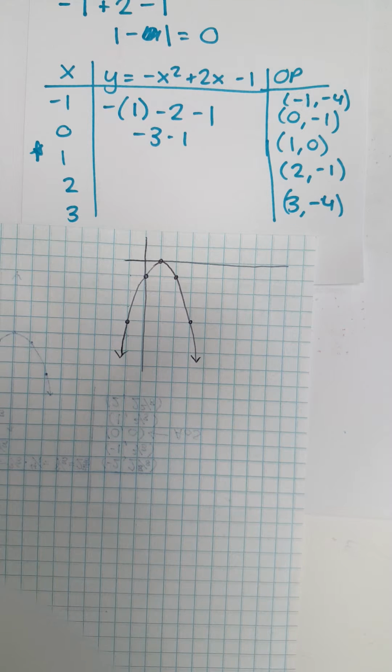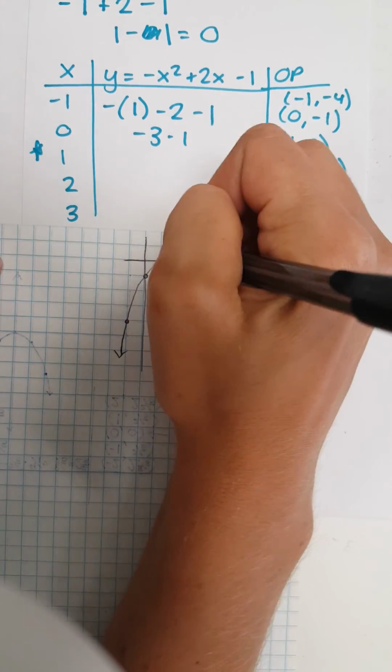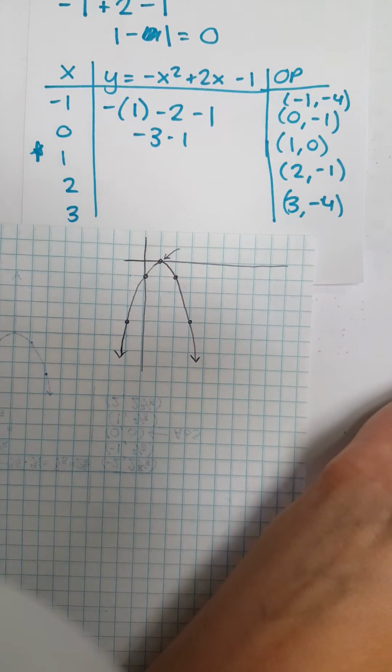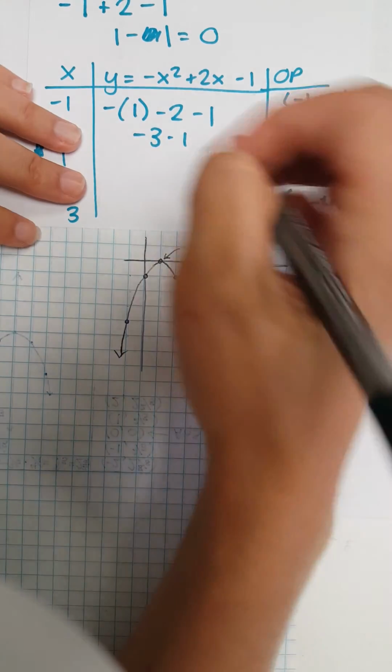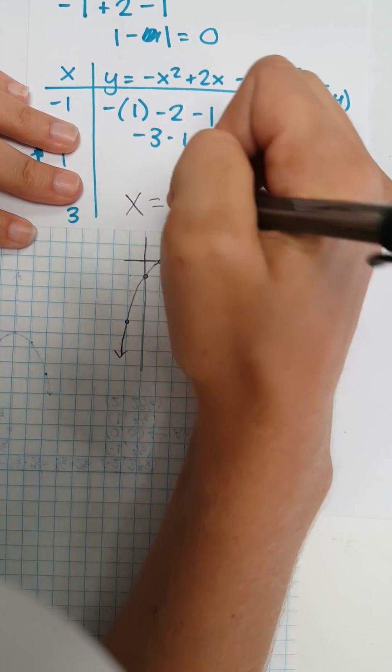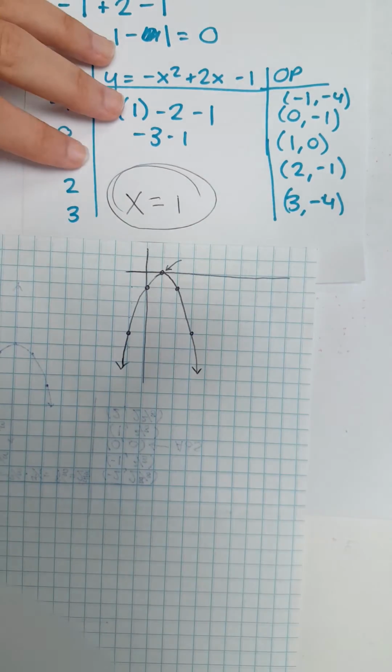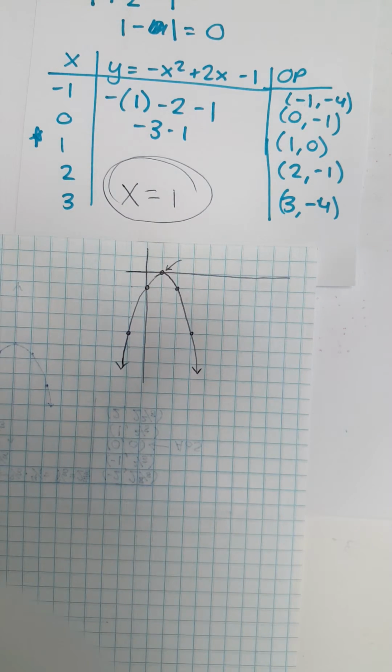So what did we say was the solution to x? We said it was the x-intercept, right? Okay, so what is my solution here? x equals 1. So there's just one answer. That's it. Okay?